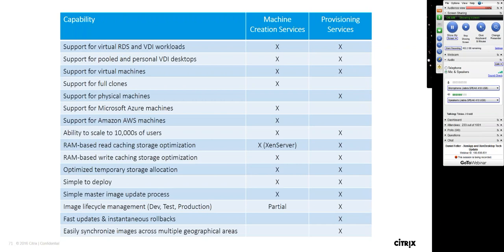I just copy a Vdisk image, I copy a file to another location, and I'm done. Whereas with MCS, you're working in the hypervisor, exporting and importing VHD files. So you start using this to try to figure out which route you want to go down, PVS or MCS. They're both completely viable, especially with the RAM-based read and write caching. They both scale. They both work. They're both easy to deploy, and PVS is very easy to deploy now as well.